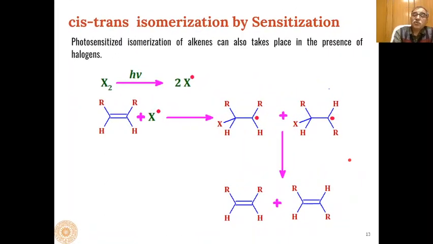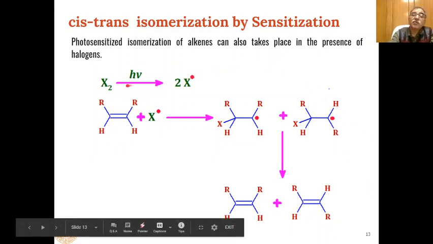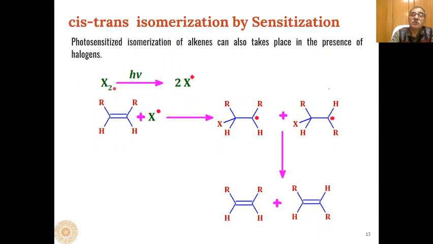Then we can also use halogens for these cis-trans isomerization reactions, and here the mechanism is slightly different. Here the halogen acts as a sensitizer. When these halogens undergo photochemical irradiation, they are converted into halogen free radicals, and the halogen free radical interacts with the alkene molecule.